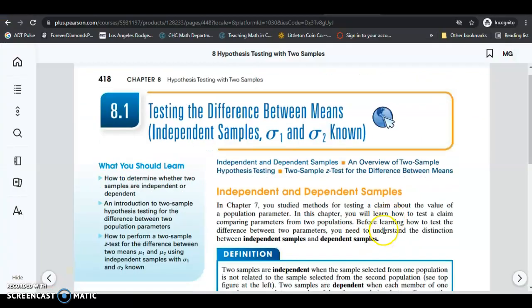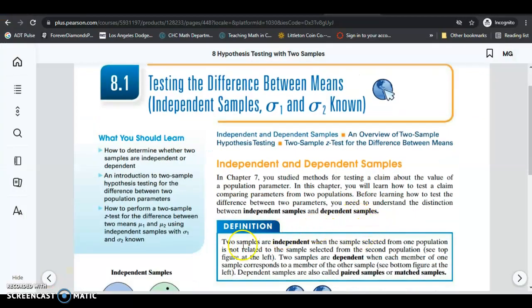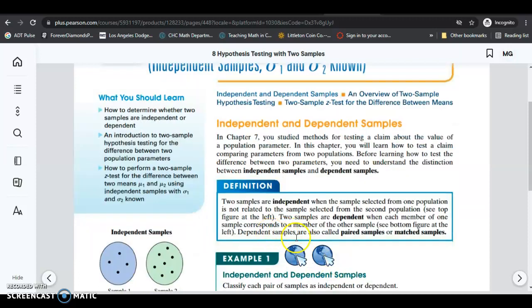Really quickly, you can see that the book defines independent and dependent samples. Compare the definitions here with the definitions I gave you in the video. It's also important to know that dependent samples are sometimes called paired samples, because the data values are paired in dependent samples, or matched samples.